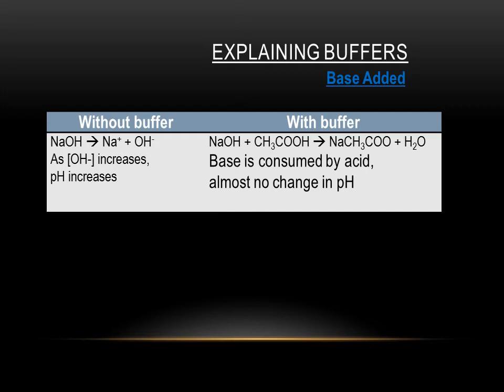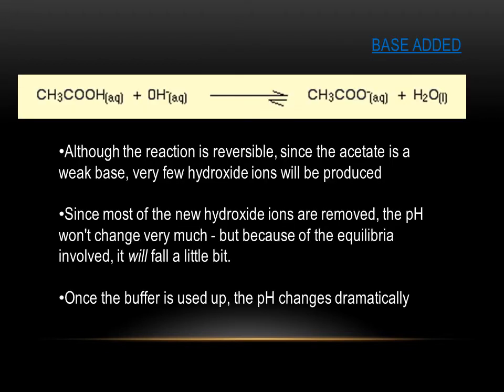Again, neutralization reactions are one way, so that is going to consume the base. It's going to create sodium acetate, and since the hydroxide ions are being consumed, again, we get very little change in pH. You can see that reaction happening there. You can see how it's shifting the equilibrium, and how the hydroxide ions are being consumed.